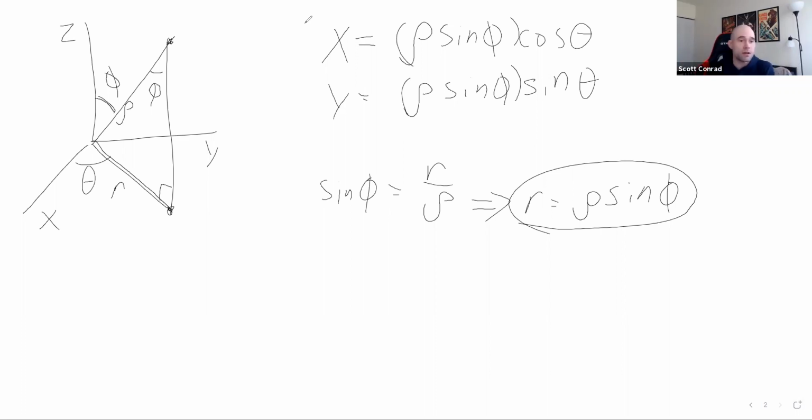So remember that rho sine phi is r, and then x and y become easier to remember. And then z, instead of rho sine phi, is just rho cos phi. Oops, it doesn't involve theta.